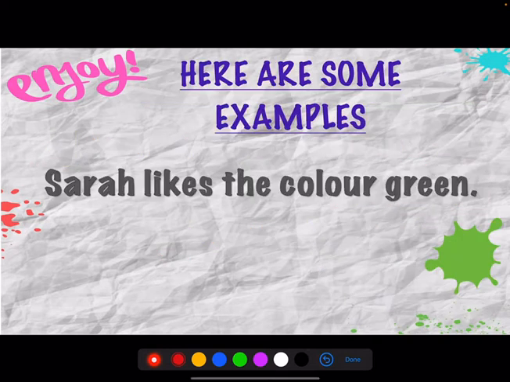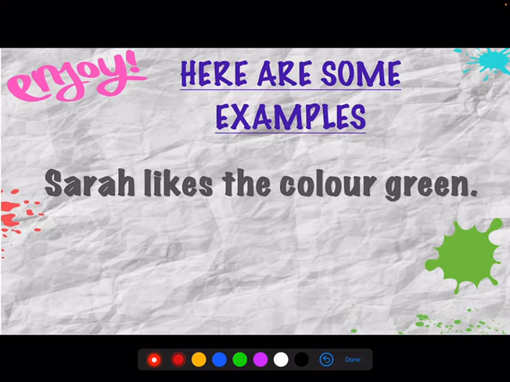Okay, so now it's time for some examples. Here you have, Sarah likes the color green. Now I want to ask a question. The first thing you have to do for asking a WH question is choose which WH word you have to use for this sentence. Sarah likes the color green.